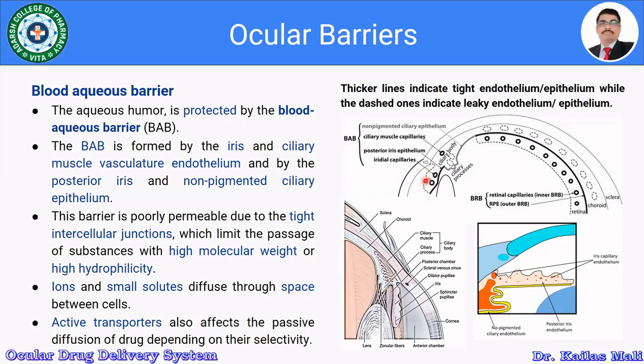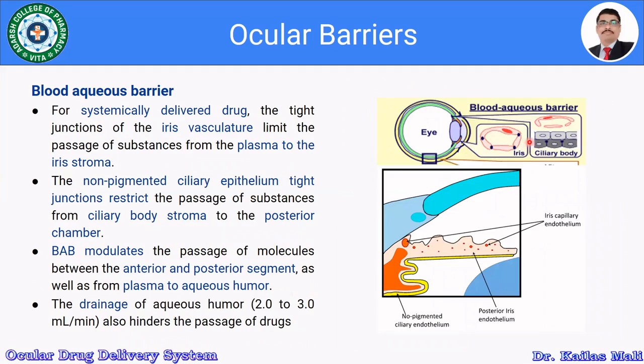The dashed line indicates the leaky vasculature, and the dark solid line indicates the tight endothelium or epithelium, which makes the blood aqueous barrier. Look at the figure. Here is the blood aqueous barrier.